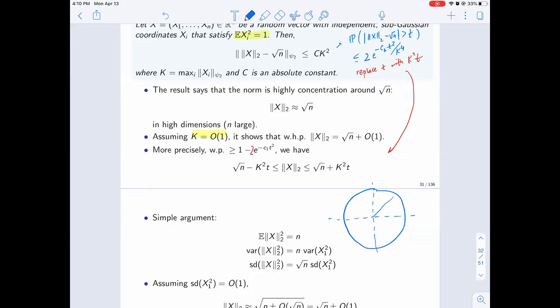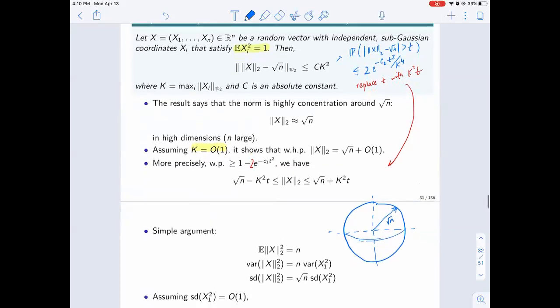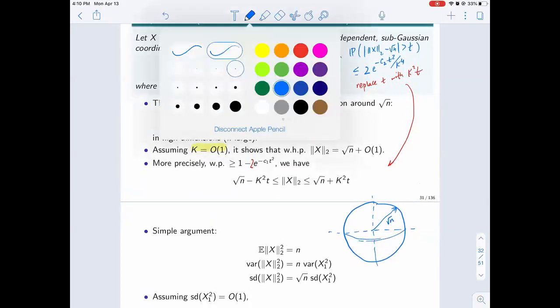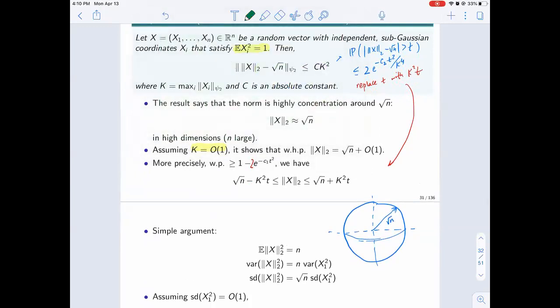So just think of it as a sphere of radius root n. And the sub-Gaussian vector is going to have a norm which is within a shell of constant radius around this. So the vector can be here, not near the origin.